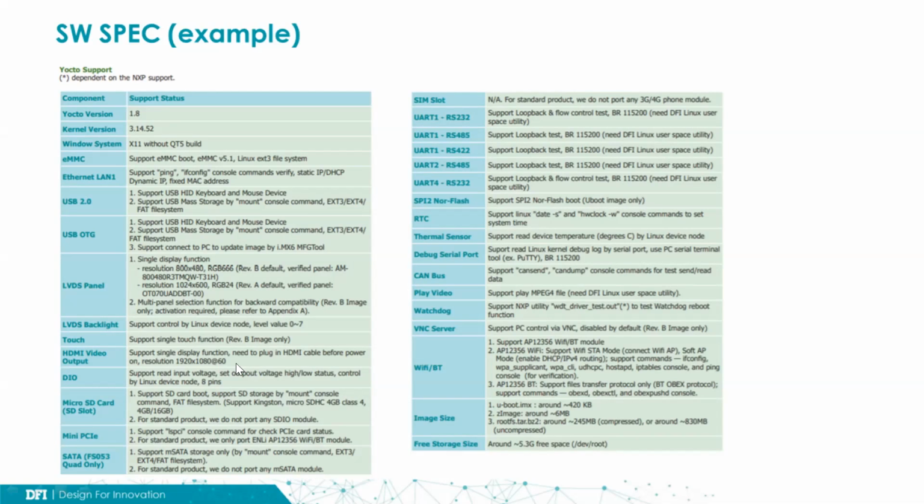Others like the detailed software spec, we also will show you. And we give you the final file space, the storage size, how much you can use for your application. This is the example for our previous i.MX6 SBC. On the default 8 gigabyte eMMC, after installing our Linux Yocto, you still have 5 gigabytes for your application.